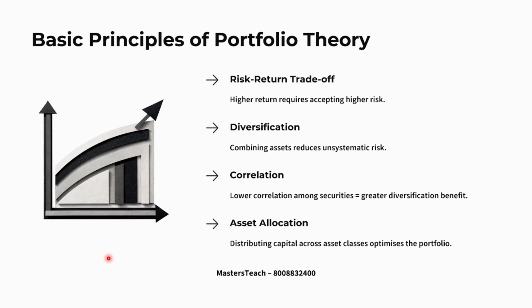Okay, so if you diversify, it means putting the amount in different assets, which gives less risk. Correlation. So lower correlation among the securities, greater diversification of assets. So there is a correlation between investments. Then asset allocation. So whatever the amount is there, you have to allocate according to your goals. Okay, that is the thing.